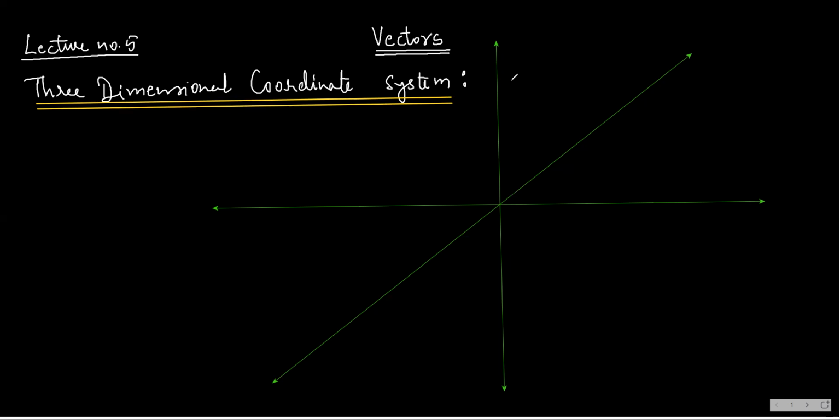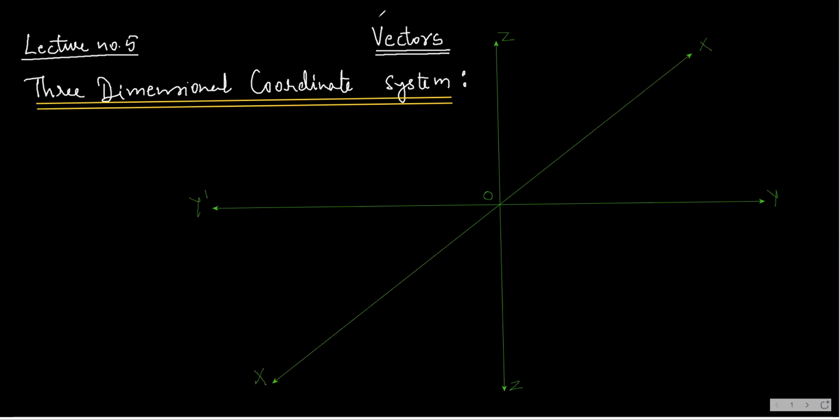It's a convention that you will call this axis the y axis. The one which is coming towards you is the x axis, and the one which is perpendicular to the xy plane is the z axis. So you got these three axes. These three axes intersect each other at the origin. And remember, these three axes are mutually perpendicular.